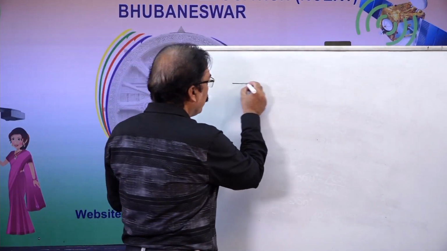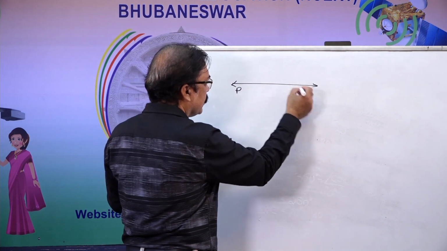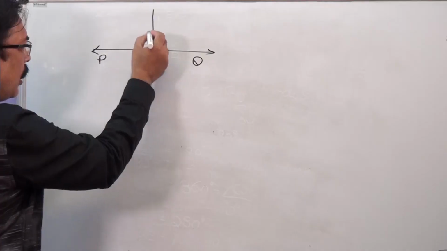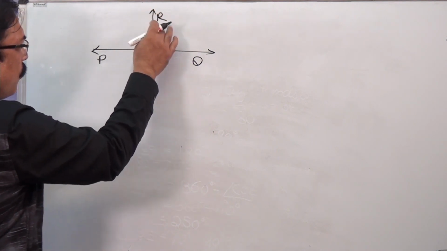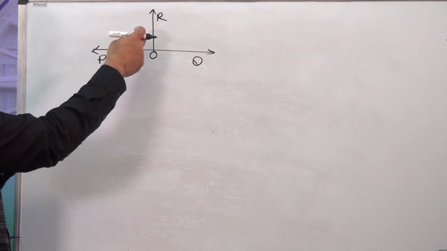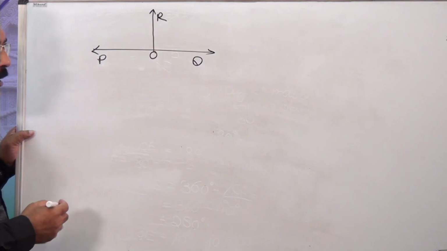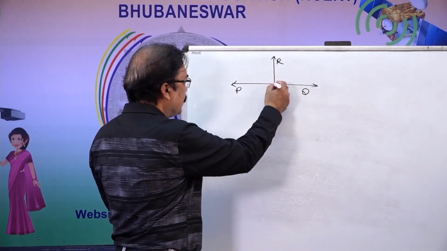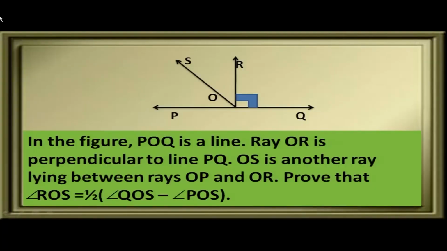So, PQ is a line, angle ROQ is formed by the ray OR standing on it, and OS is another ray.